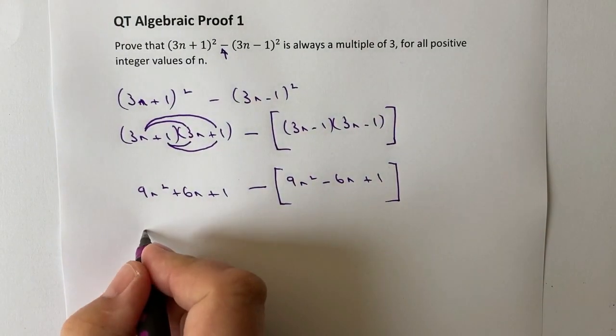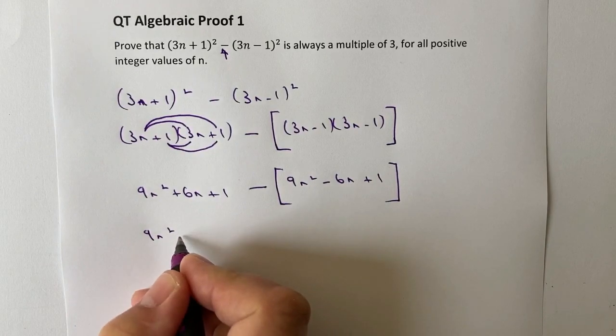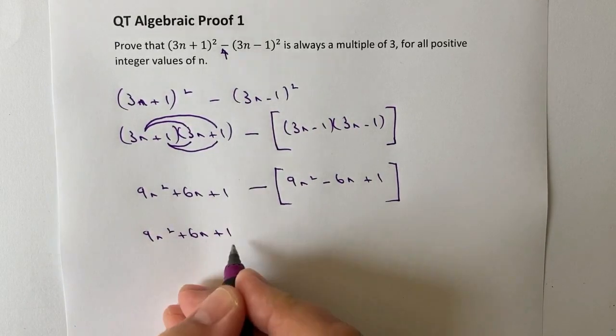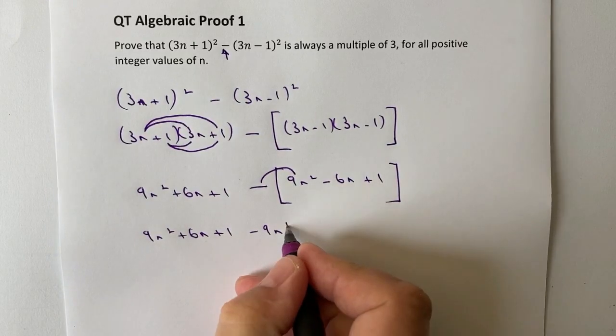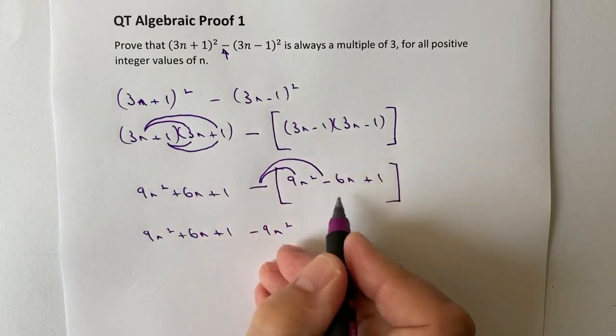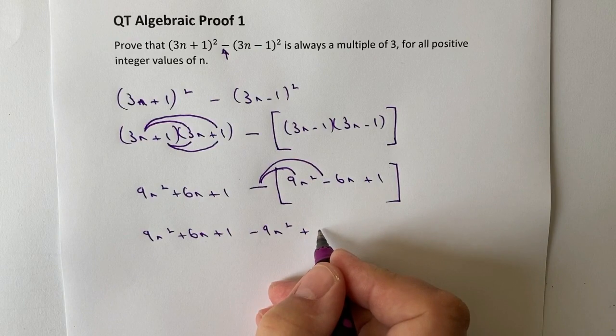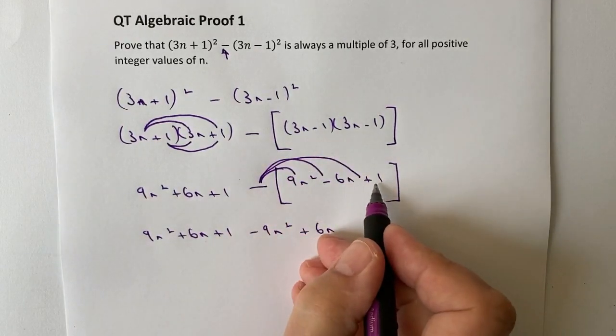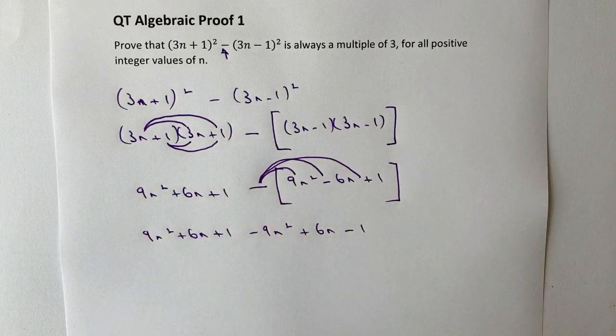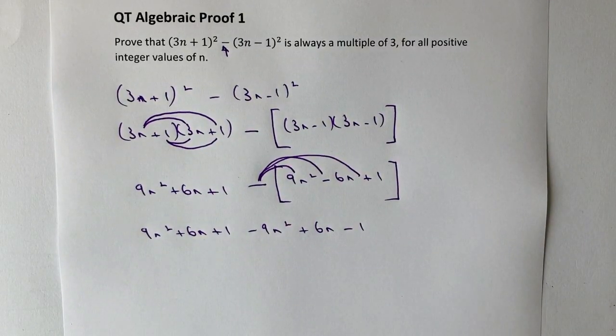So I'm going to leave this first expression as it is, 9n squared plus 6n plus 1, and then I've got minus 9n squared, and then a minus times a minus is a plus, so plus 6n, and then minus times a plus is going to be a minus 1. Hopefully that's clear to you that you've just got to take into account this negative sign.